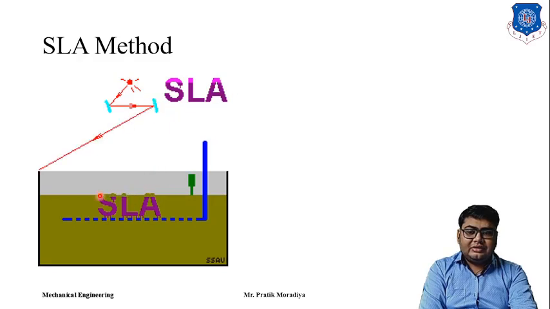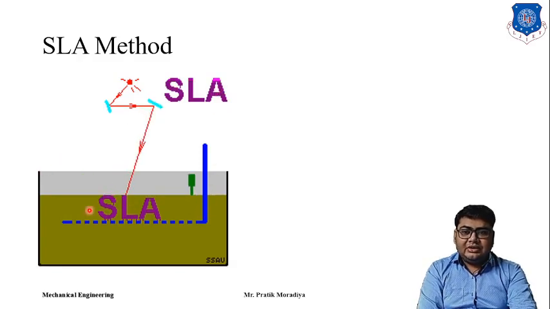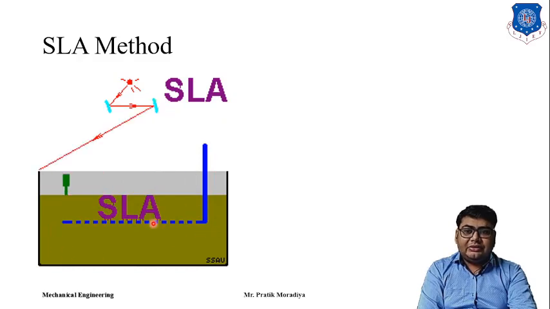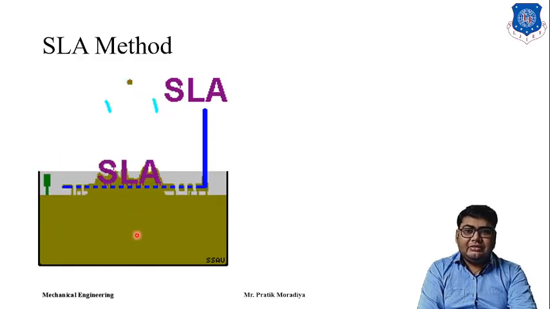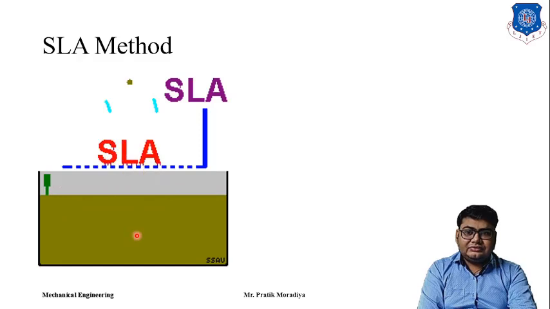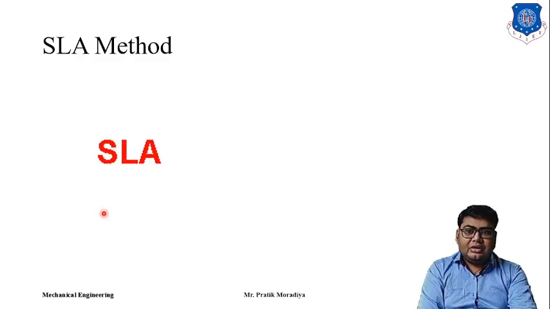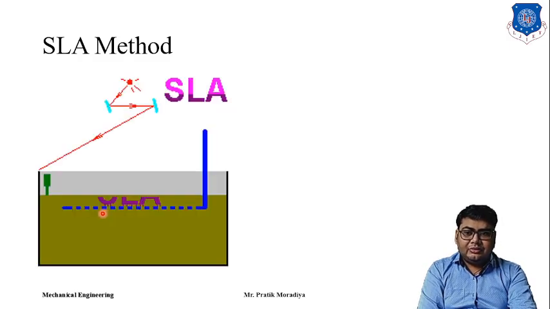So here the building process is there, and the layer that is being built is turned into a darker color. There will be a vat. This is known as a vat. A vat is simply a big vessel which is there to store our material, to store our raw material. This is the platform on which the part is being built.